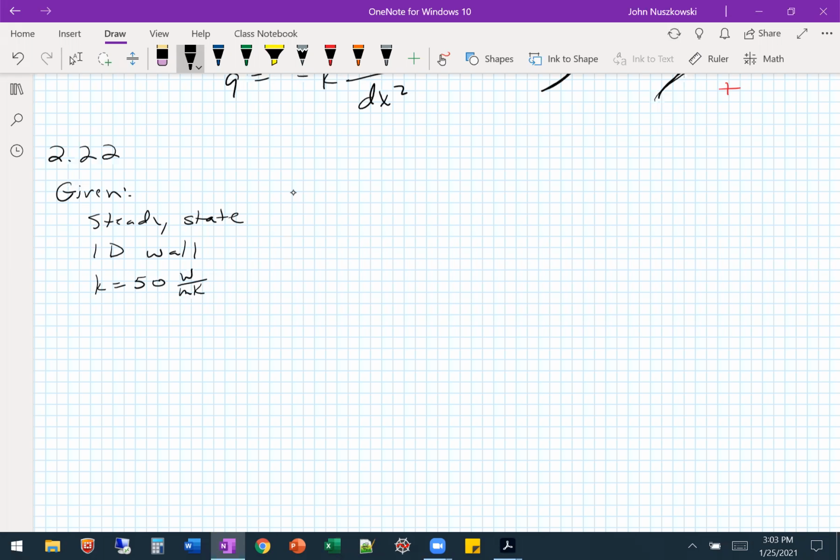So we have A plus BX squared, where A is equal to 200 C and B is equal to negative 2,000 C per meters squared, right? And X is in meters. Okay.